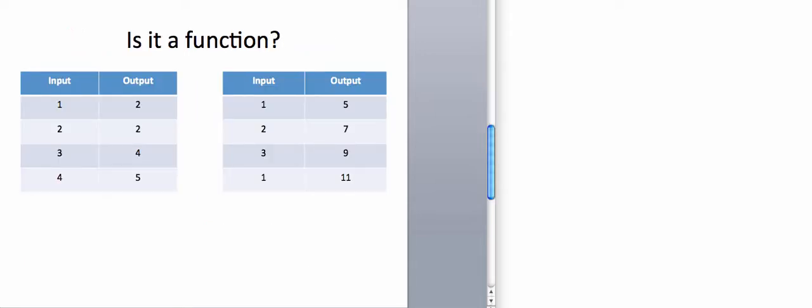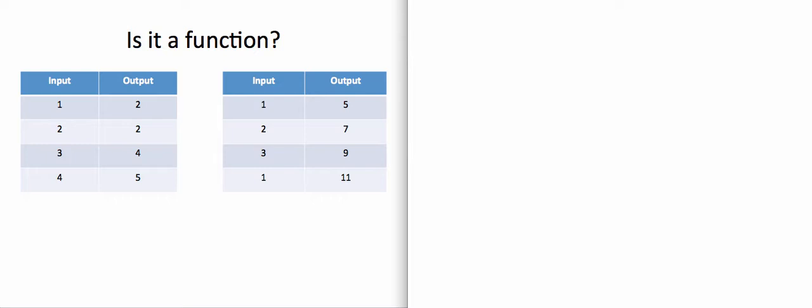So the first thing that we're going to deal with is we're going to determine if something is a function or not. And we talked about in the definition of a function, every input has one single output. So basically what that's saying is anytime you put in the number 1 as an input, your output, if the first time gives you a 6, every single time that you put in a 1, you get a 6.